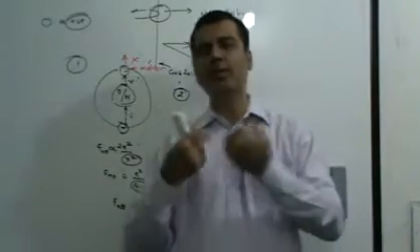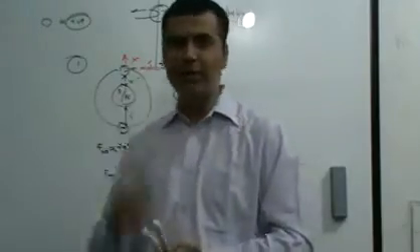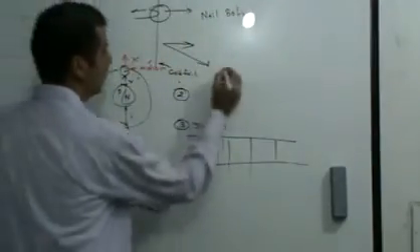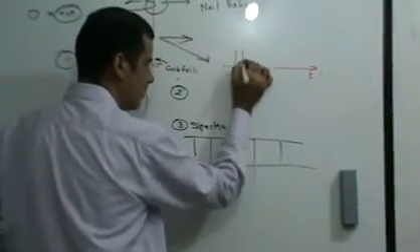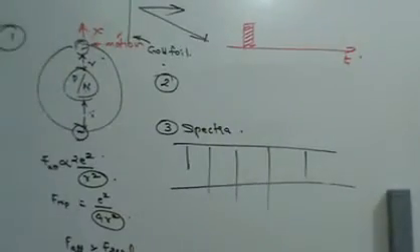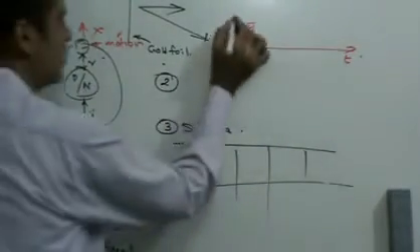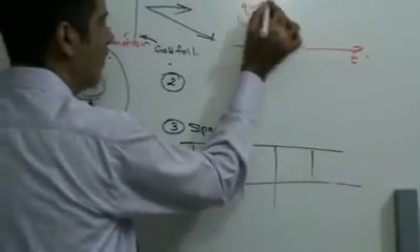An object absorbs or gives out energy in small intervals of time. Suppose I consider time along the x-axis, it gives out a small amount of energy for this small interval of time. This small amount of energy that it gives out is called a quanta.